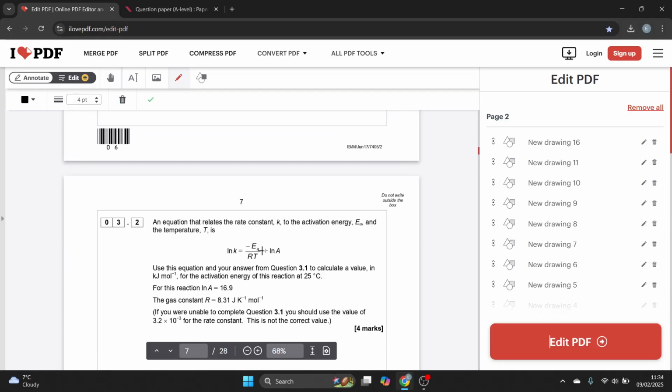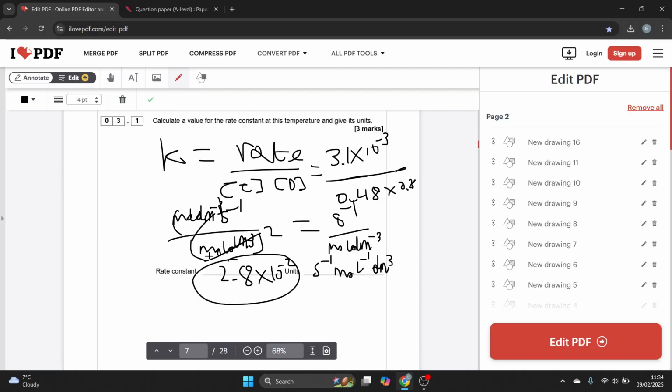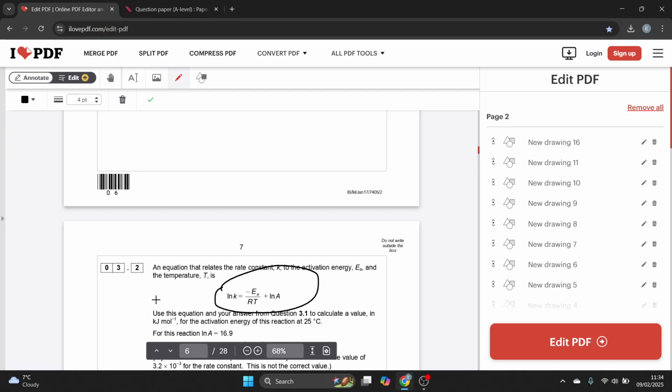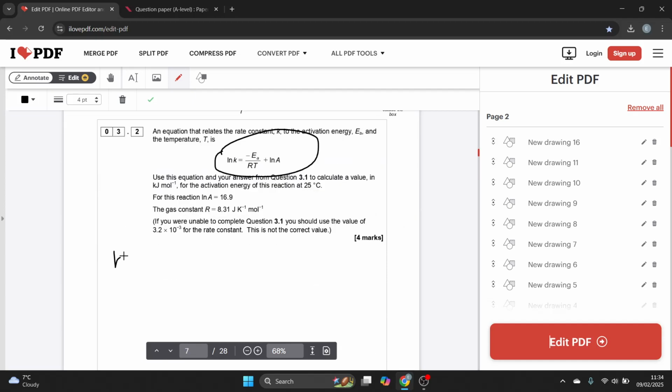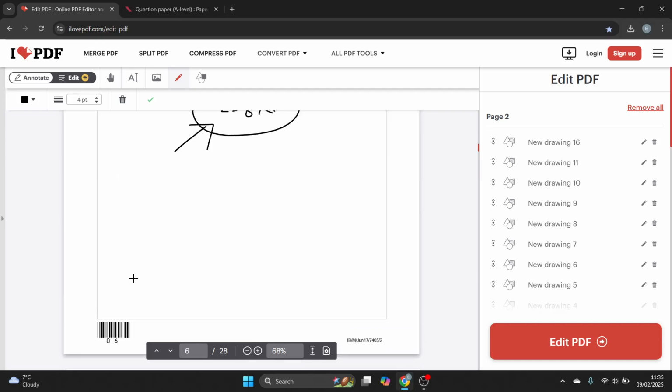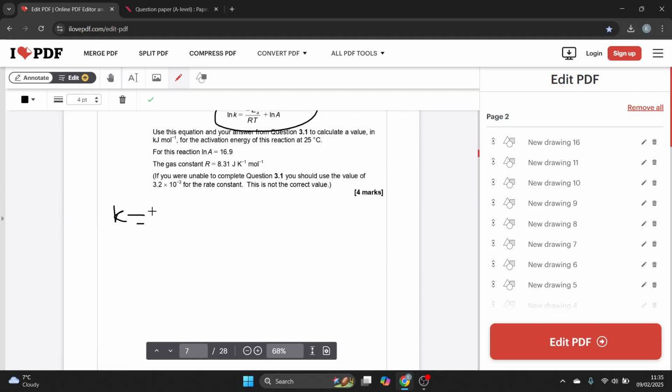Question 2.3, okay, use this equation and your answer from question 3.1 to calculate a value for the activation energy. So, the rate constant from 3.1. So I'm going to write this down. Rate constant K equals 2.8 times by 10 to the power minus 2.